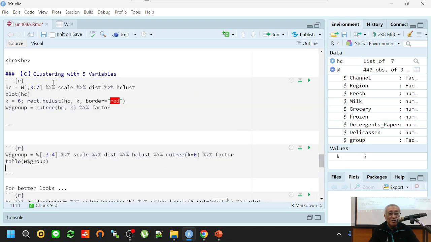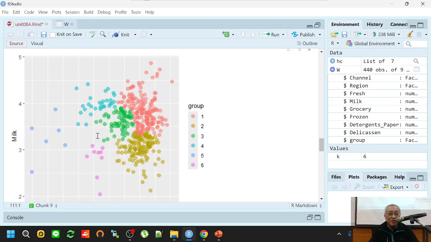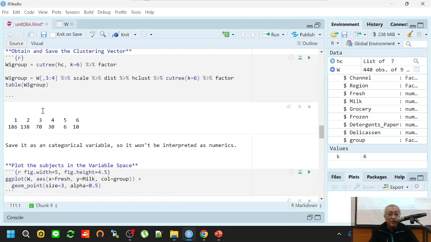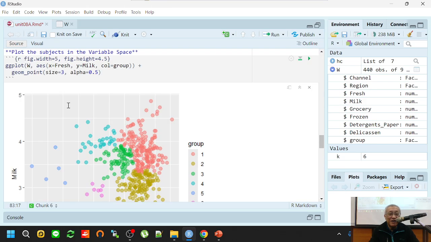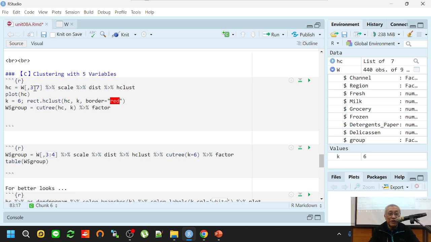In this example, I only use two variables, fresh and milk. If I want to use more variables, I can change it into like 3 to 7, and still we want to group it into 6, right? So you simply do this.